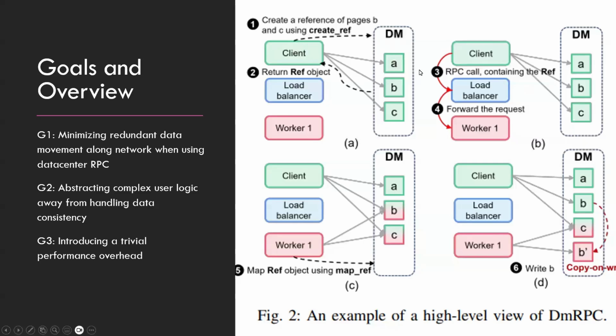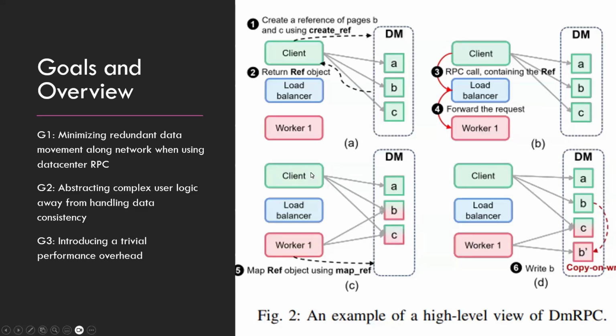This example clearly shows how it works. We have some chunks of memory A, B, and C, and the client has references to them. When it sends an RPC call for a worker to work on this data, it passes a reference to the worker. The worker connects to the needed chunks, B and C in this case.